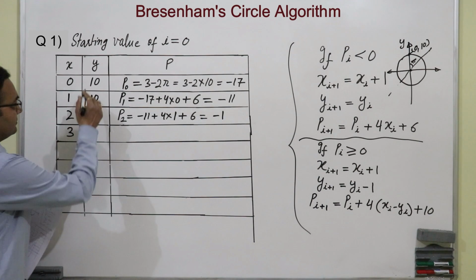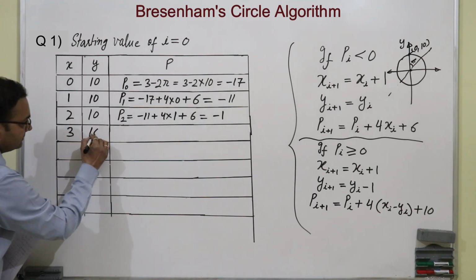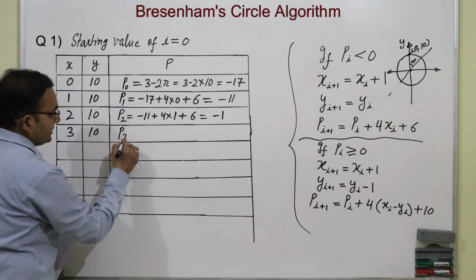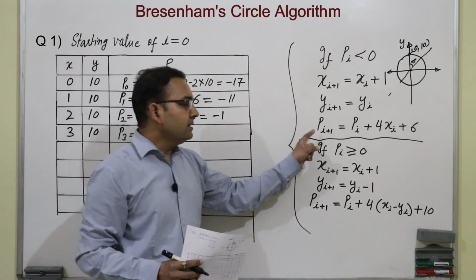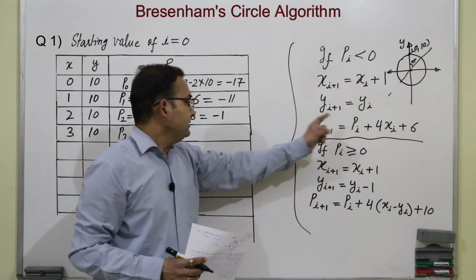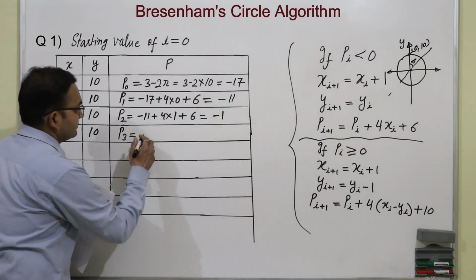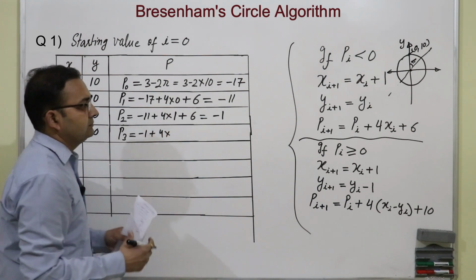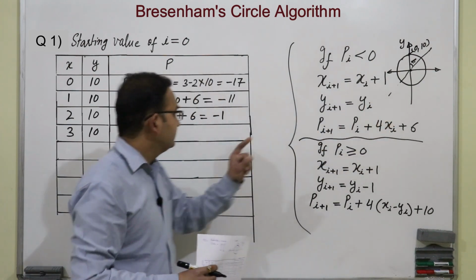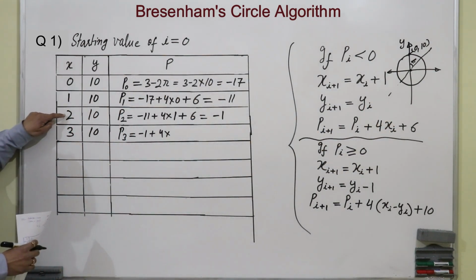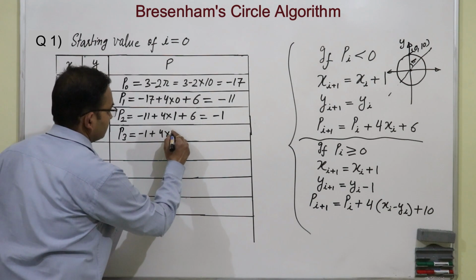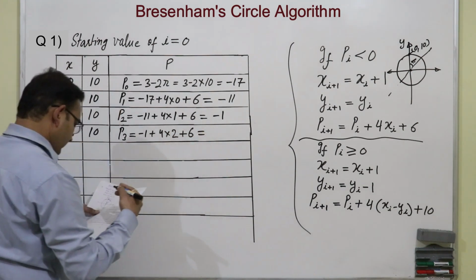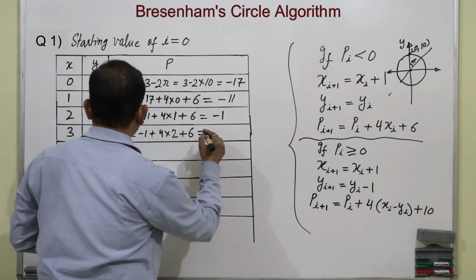So, y will be 10, then P3, Pi plus 1 equal to Pi, previous value minus 1, plus 4 into xi, xi is 2, plus 6 equal to 13.